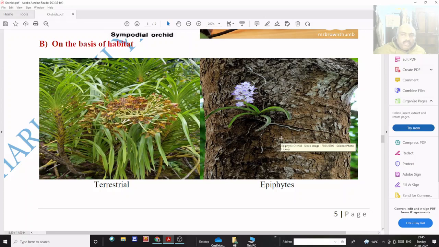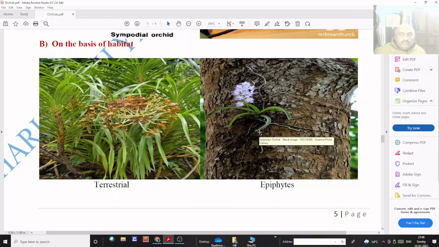Epiphytes grow mostly on the trunk or on the scaffold branches of the trees, which have dead shoots and dead bark. These orchids extend their roots into the crevices and cracks of the bark and start growing.